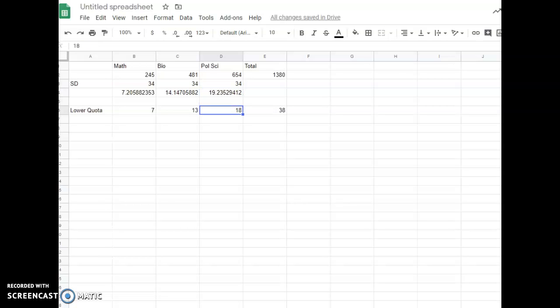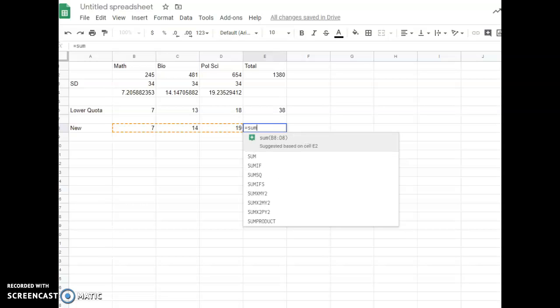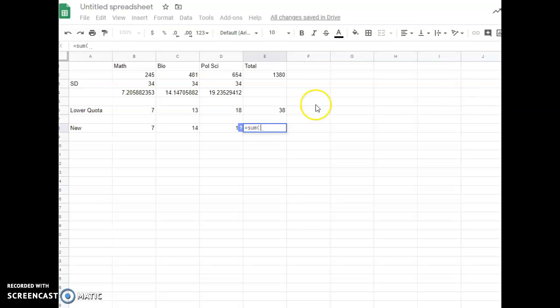All right, now let's look at what we have so far. So my new one, now you go back and look at those decimals. So I got 7, this now is 14, and this now is 19. And now when I do equals sum, I got my 40 like I wanted to.